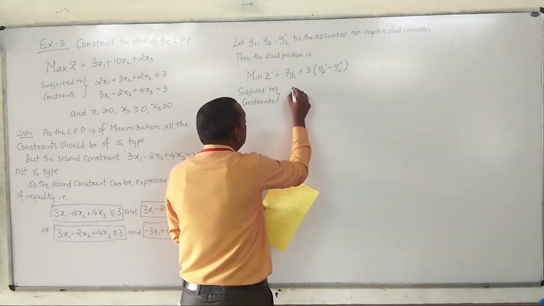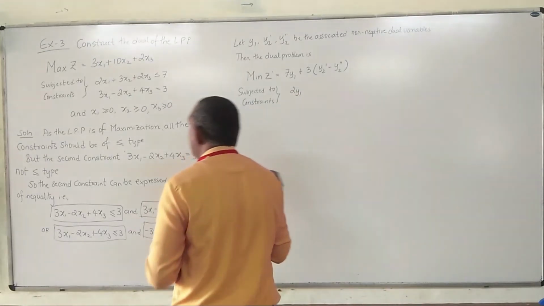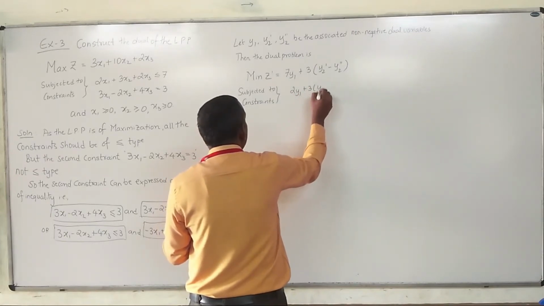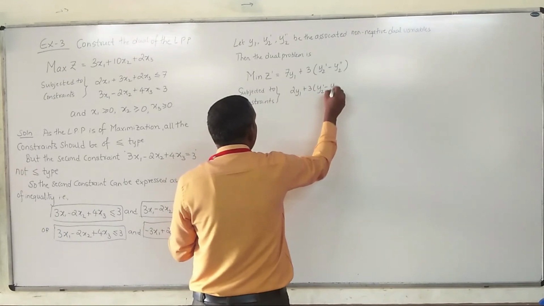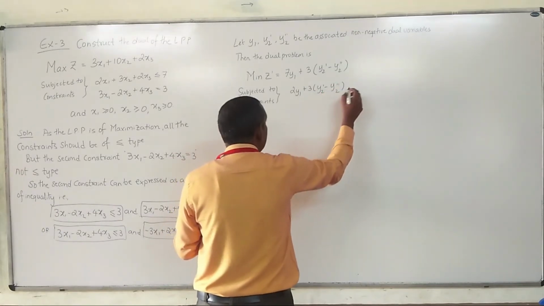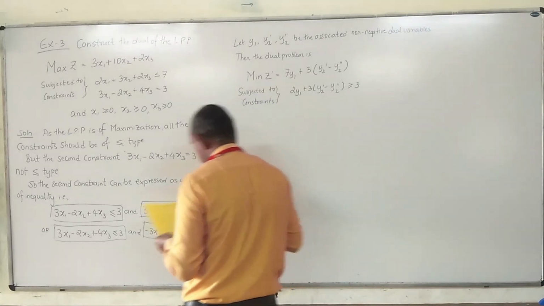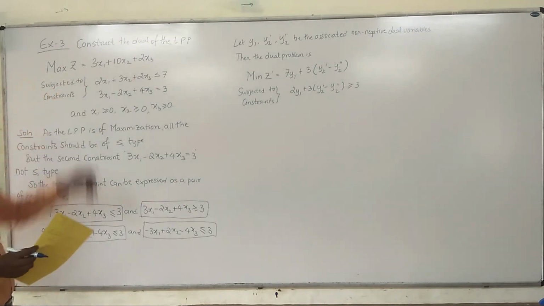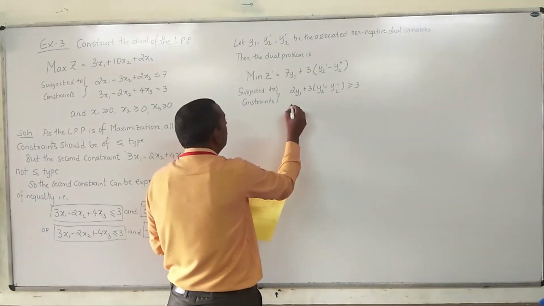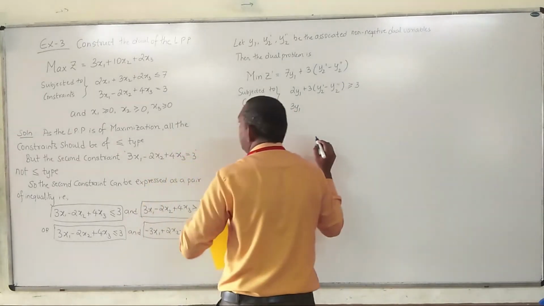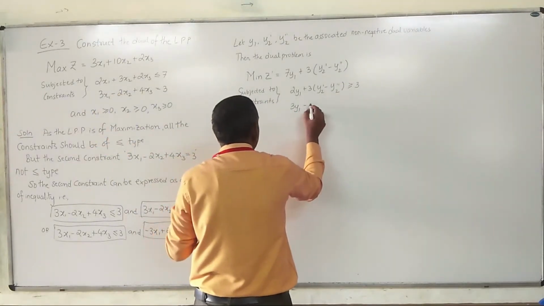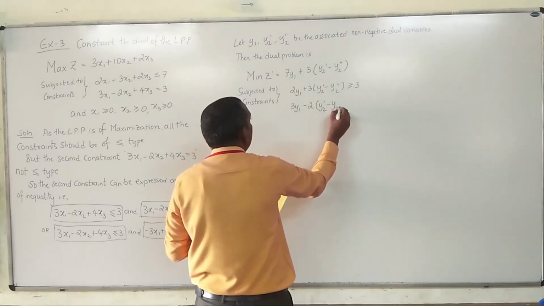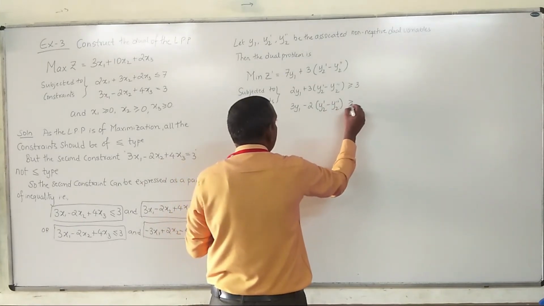subject to constraints 2y1 plus 3 into y2 dash minus y2 double dash is greater than or equal to 3. Next, 3y1 minus 2 into y2 dash minus y2 double dash is greater than or equal to 10.